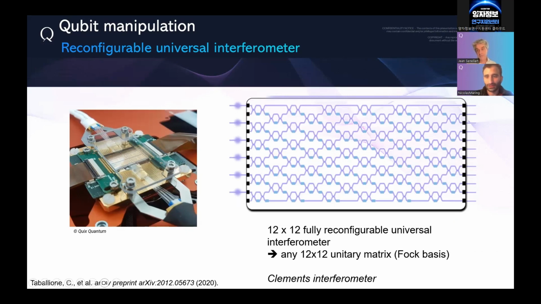And at the output, we can detect all to sample the outputs. And so what is this interferometer? It's basically many 50-50 beam splitters that you see here. These are the waveguides or the optical paths, and each blue box is a phase shifter that can be controlled remotely.